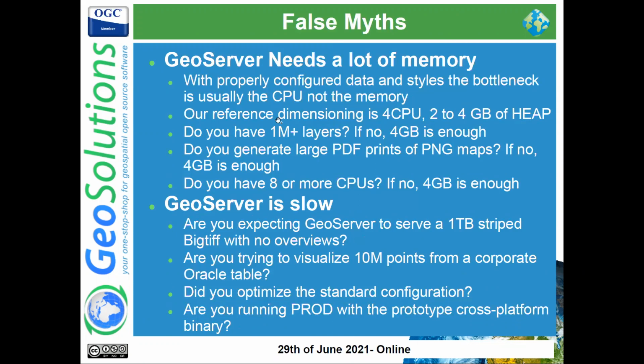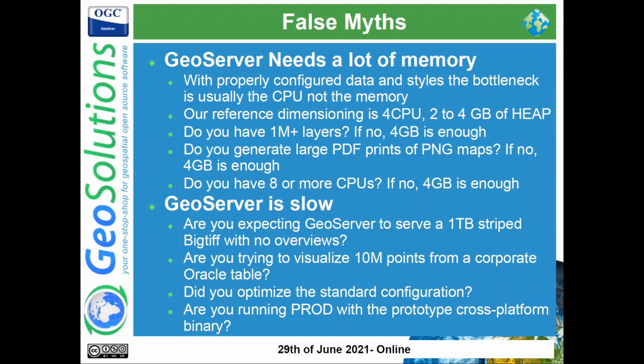And now let's jump to false myths about GeoServer. So here are some of the false myths about GeoServer. The first one being GeoServer needs a lot of memory. This is actually not true.